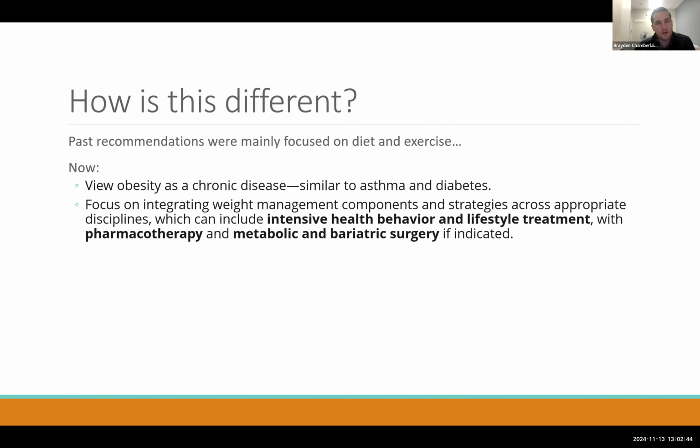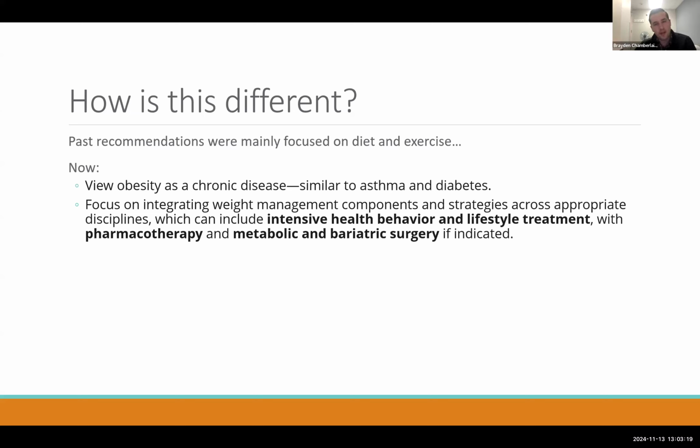Now, I've already touched on this a bit. In the past, we've mainly focused on diet and exercise. But now the idea is that we should be viewing obesity as a chronic disease, somewhat similar to asthma and diabetes. And for children with asthma and diabetes, we don't recommend just telling them, well, you should just watch your diet or make sure you avoid your asthma triggers.